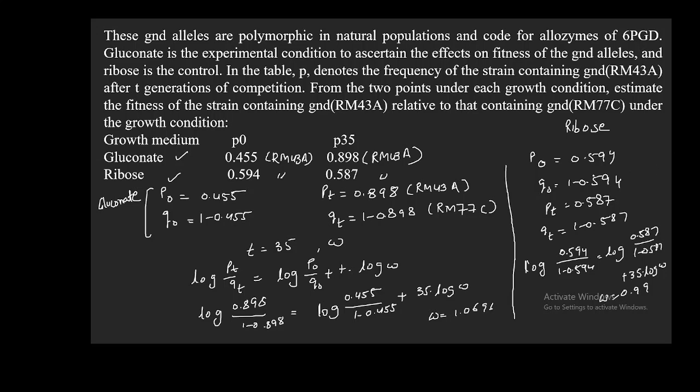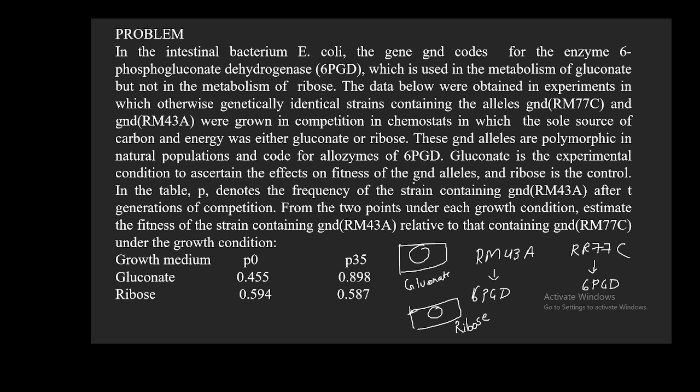However, in the case of ribose media, this particular genotype is not comparatively more fit than the other genotype. Okay, so basically you are comparing the two alleles that code for GND, which is the enzyme, the phosphogluconate dehydrogenase enzyme, and you want to see which allele is more fit in comparison to the other allele.